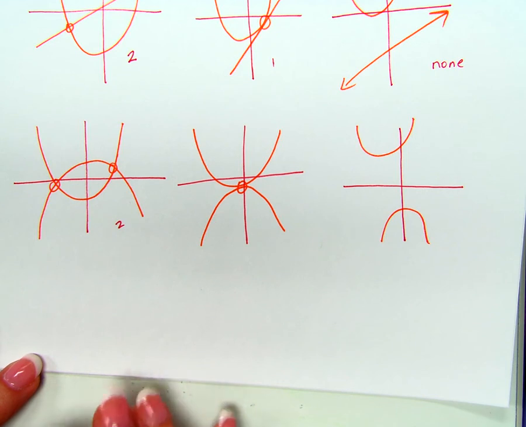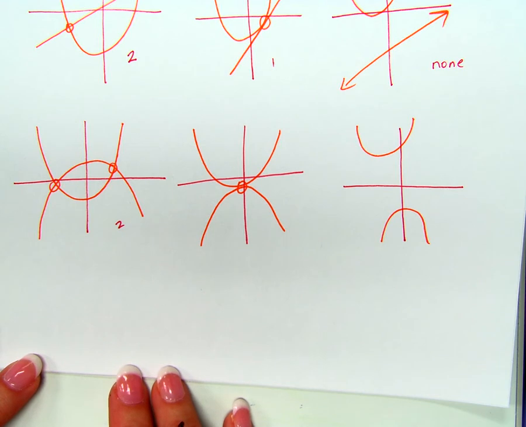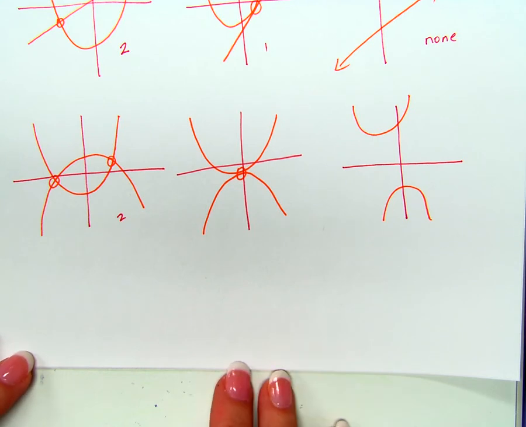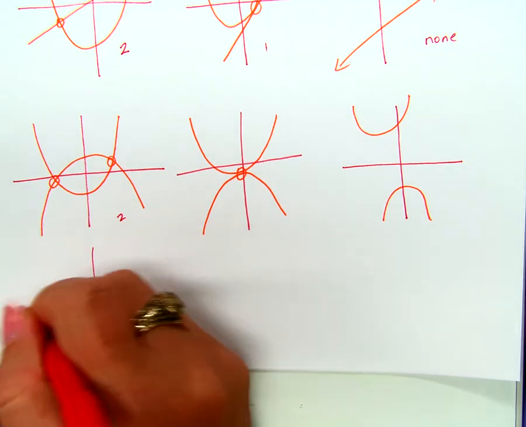Could you think of a way that I could have 3 solutions? I can. Yeah. But I kind of tricked you into lazy thinking by what I drew. Because the way you have 3 solutions is like this.